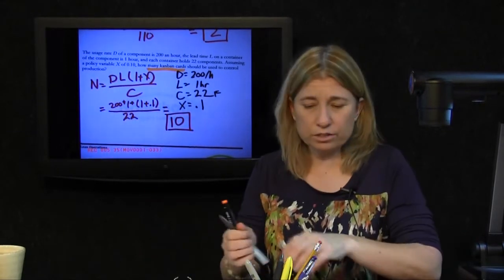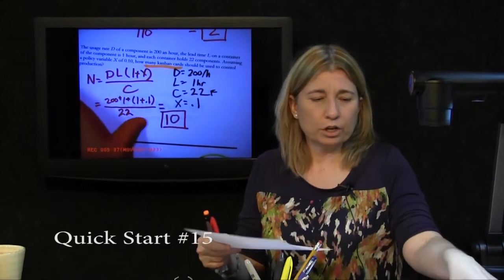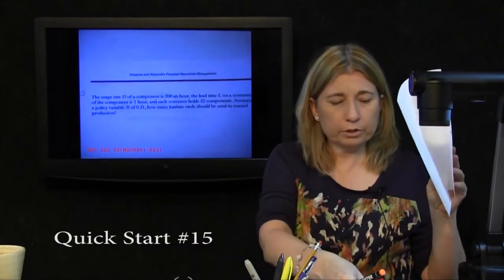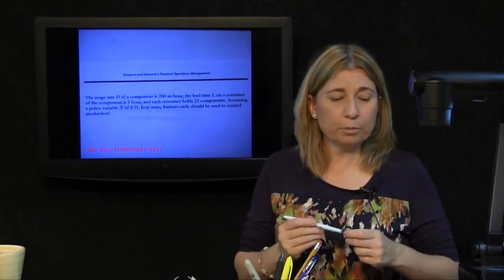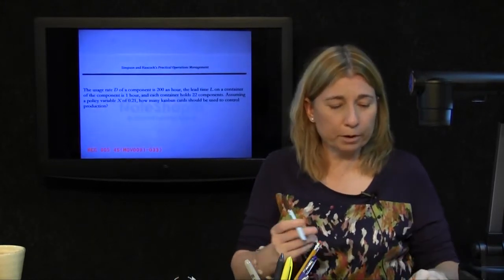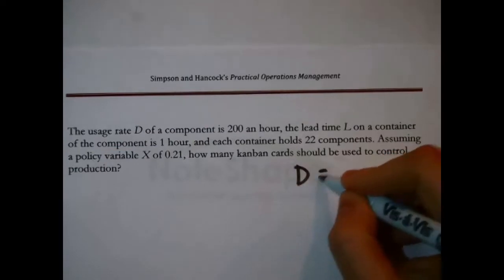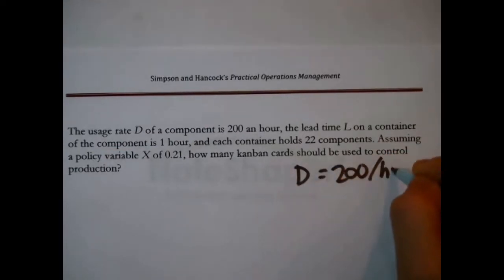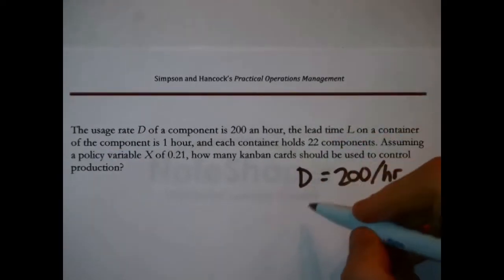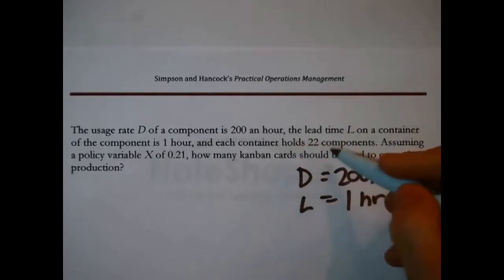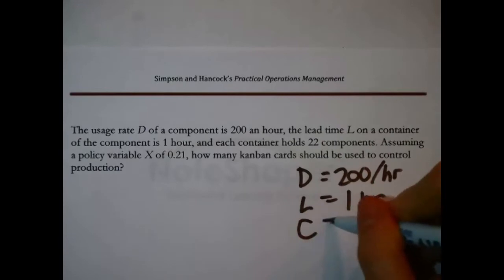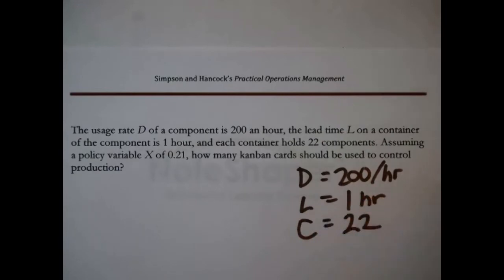Now the next question should likewise seem very familiar, because it also opens with the usage rate of a component is 200 an hour. Got it. And the lead time on a container is 1 hour. Got it. And a container holds 22 components, so we're keeping with that really small container size.